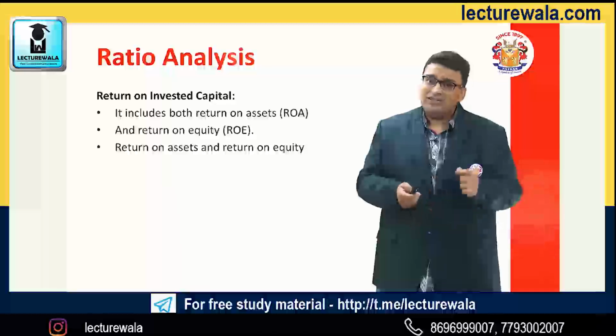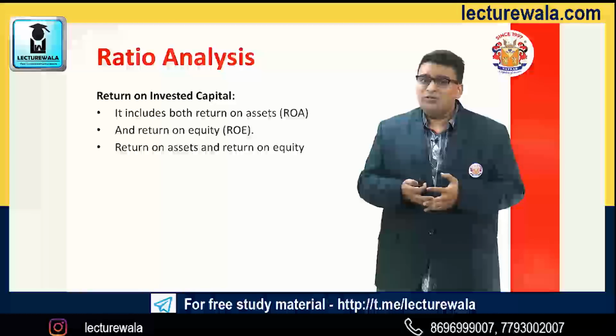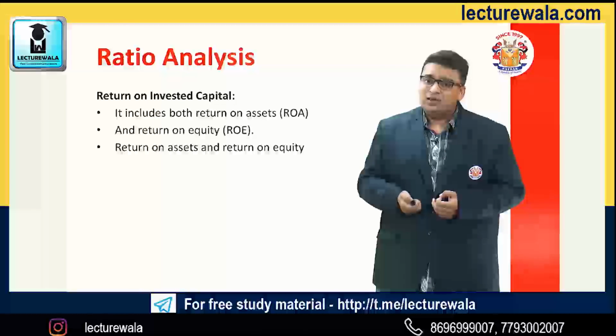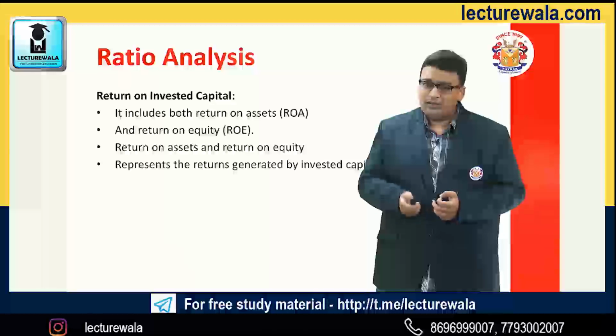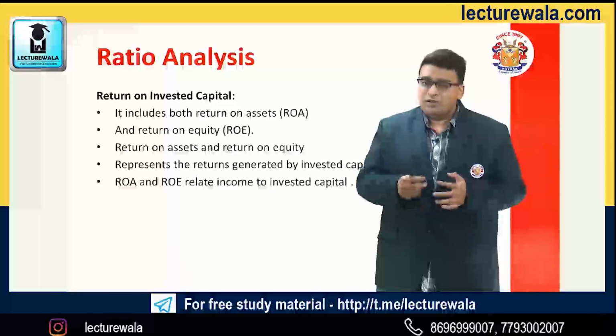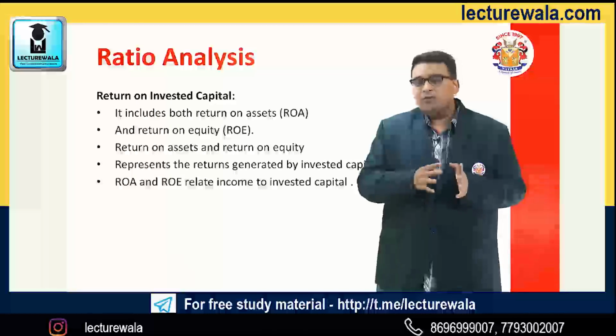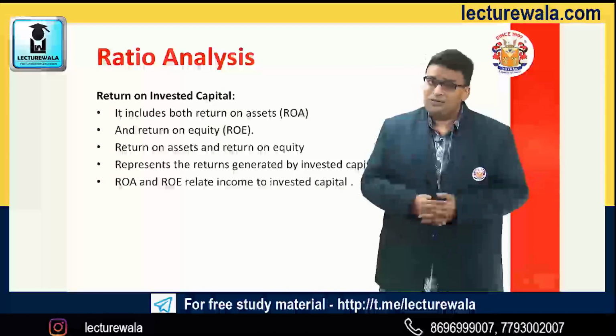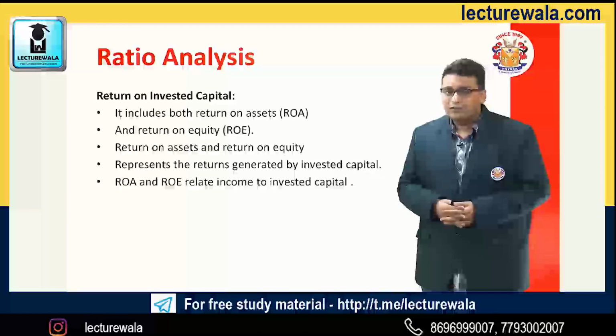So when return on assets and return on equity are combined, they show how much amount is invested by the company and how much return is generated by the company in the form of given capital.